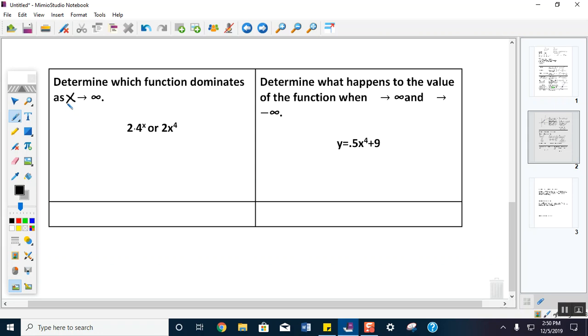Exponential functions are going to dominate basically everything. What type of function is this? Polynomial. You bet. Exponential functions, my friends, will dominate power functions.